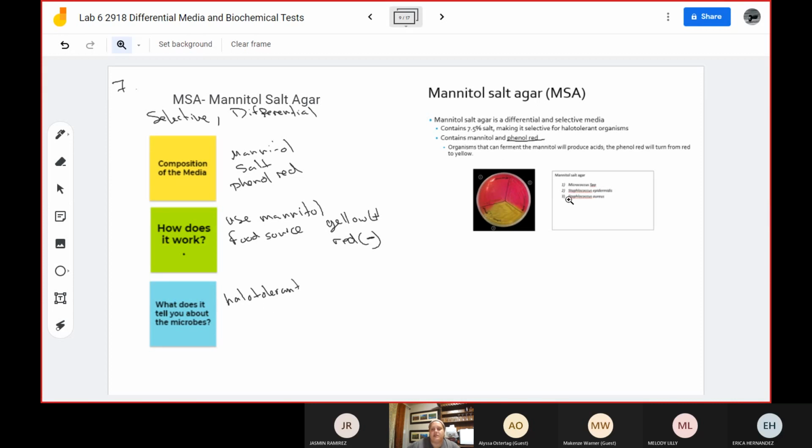That we were talking about Staphylococcus aureus with the blood agar plate. So what does this tell us about these bacteria is that, first of all, if they're growing on here, they're halotolerant at least. They could be halophilic, but they can survive the 7.5% salt. And it tells us if they can use mannitol as a food source.